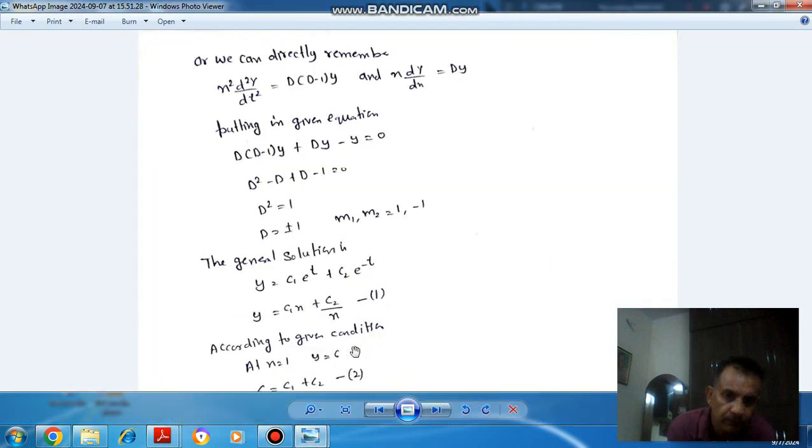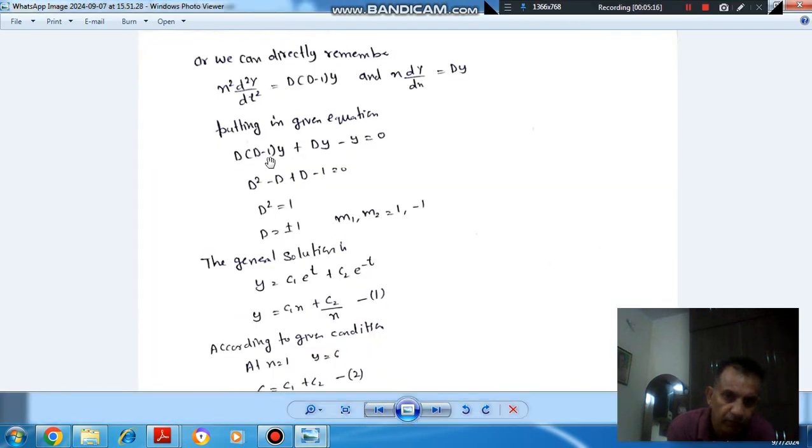Putting this in the equation, finding the value of D, D comes as plus minus 1, and y is already there. So finding m1 and m2, they are 1 and minus 1.